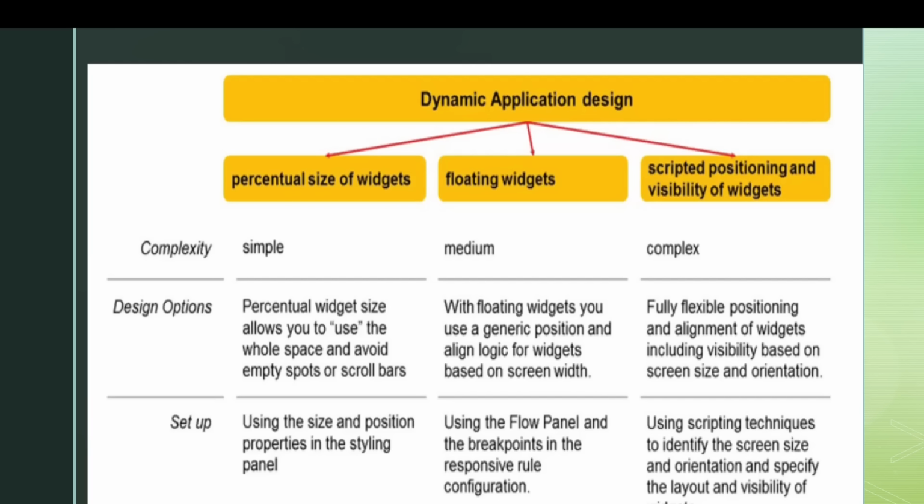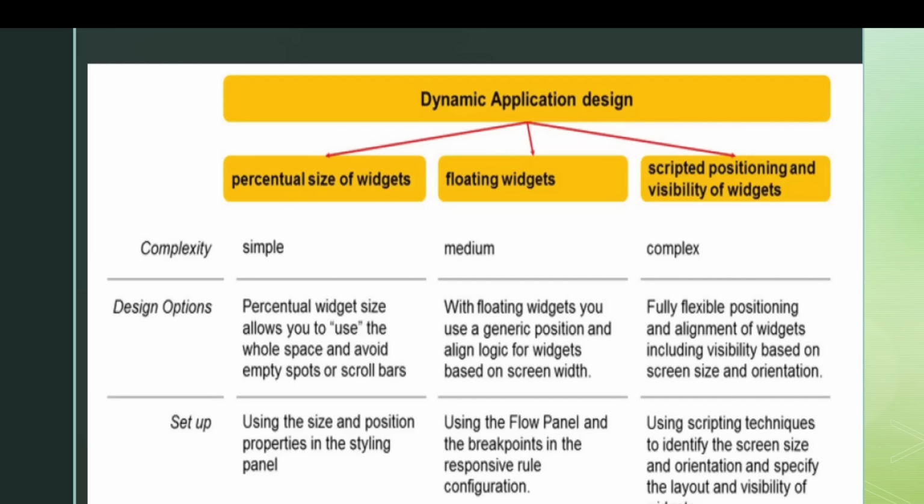Last but not least, the complex strategy. In the scripted positioning and visibility option, we have fully flexible positioning and alignment of widgets, including visibility based on screen size and orientation. It means that we have a free hand with positioning.